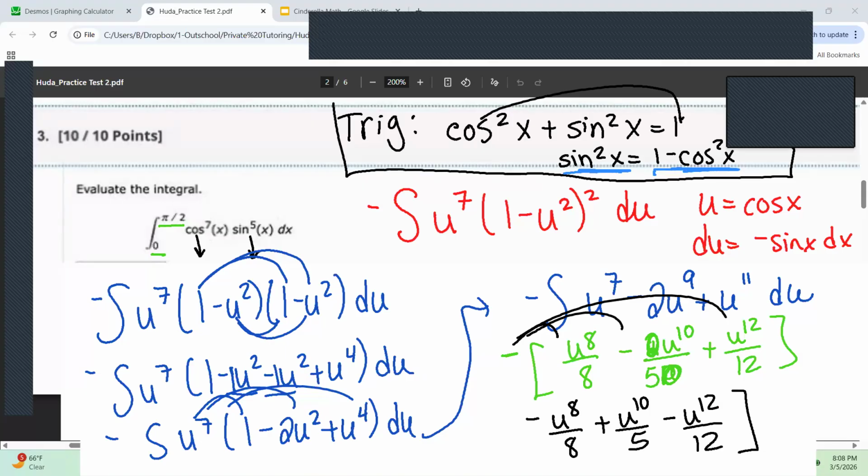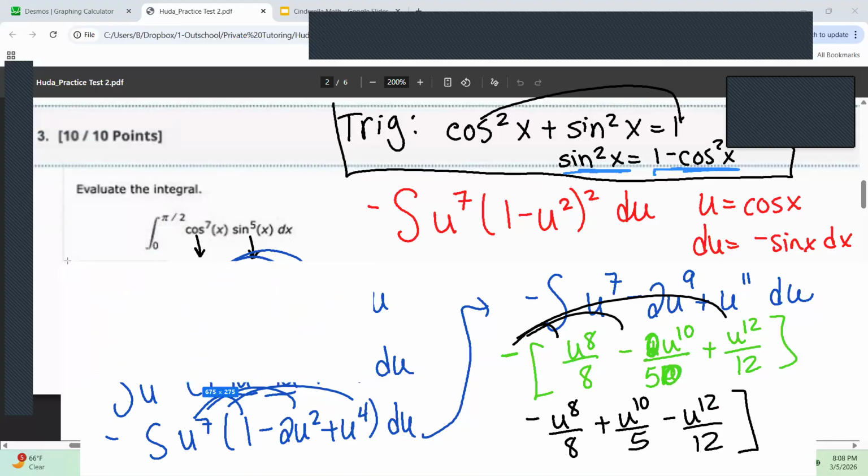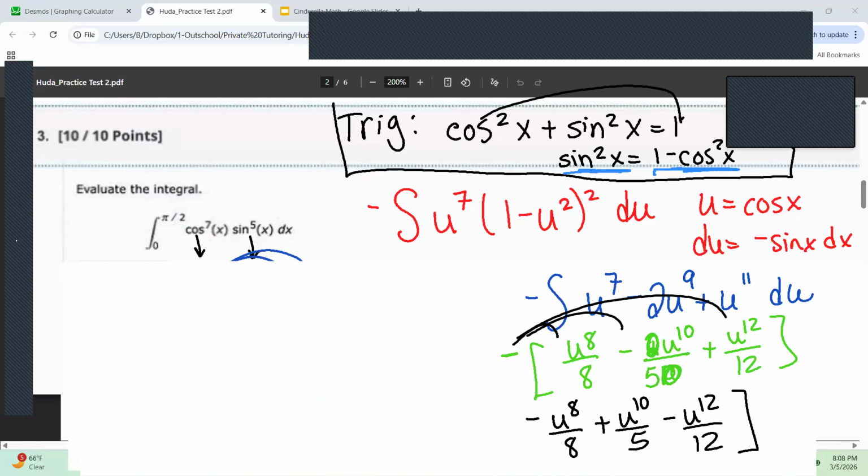And now we need to know what we're integrating from. So again, it's not these anymore because those were the x bounds of integration. Let's see what the u bounds of integration are. And I could have done this a long time ago. I just didn't. Okay, I'm going to erase a little bit, so pause me if you need to. Let's see what our bounds are. So our substitution was u is cos x.